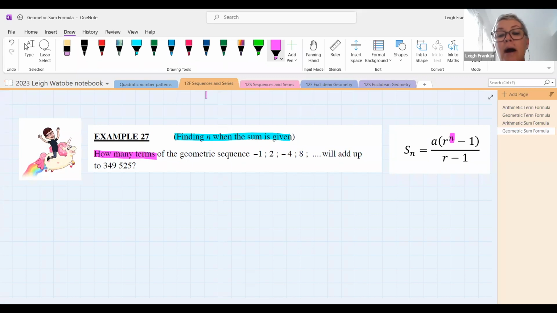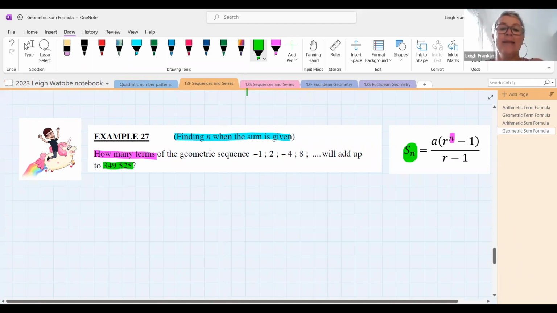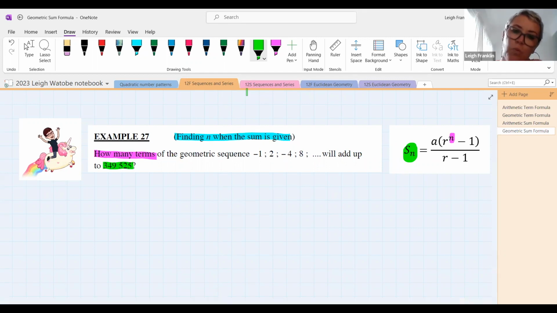It will add up to. So when they use the words will add up to, they are implying by the English that 349,525 is an SN. It's not part of the pattern, because how many terms of this sequence will add up to this number?